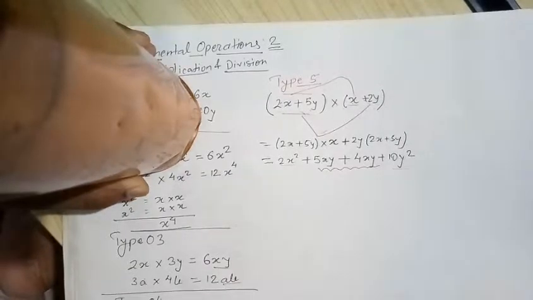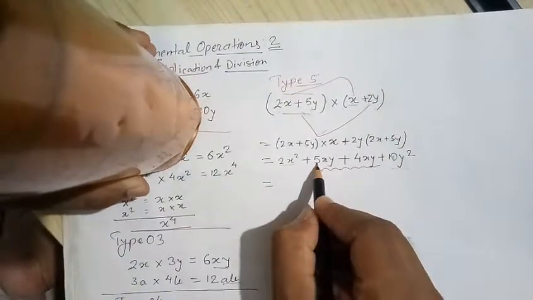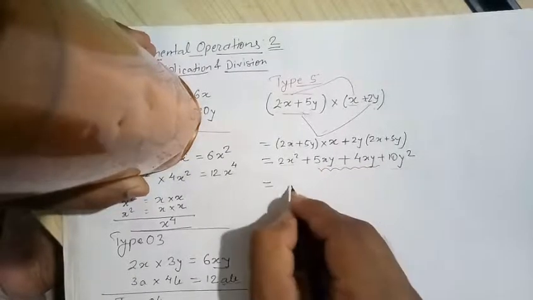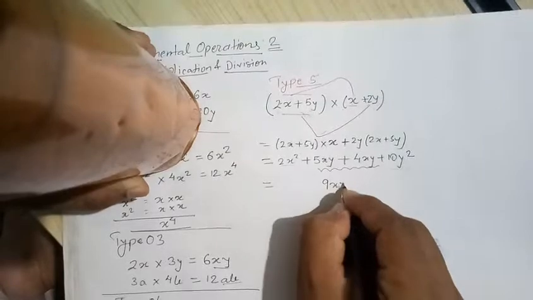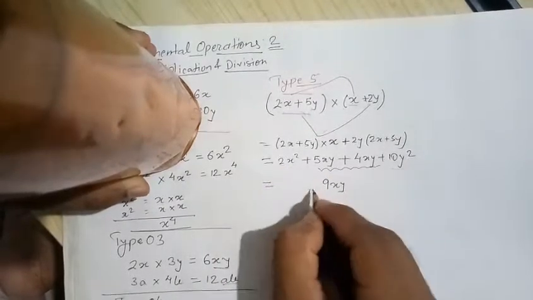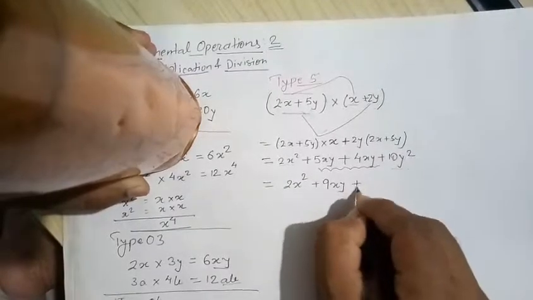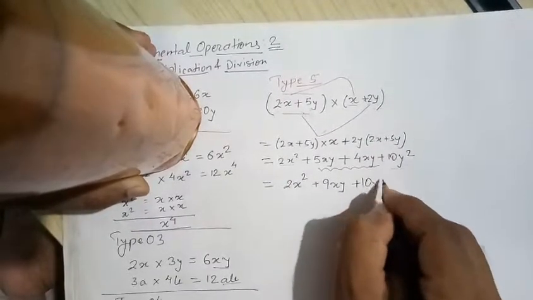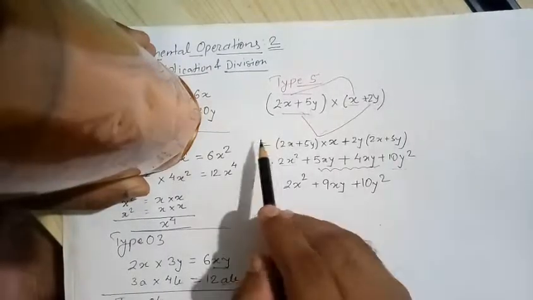That means you can add and subtract them. Remember that. So 5xy plus 4xy equals 5 plus 4, 9xy. And now these two are unlike terms, so they will be written the way they are, 10y squared. So hope you understood.